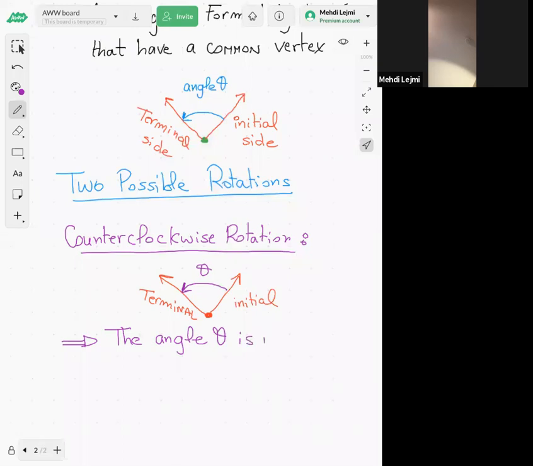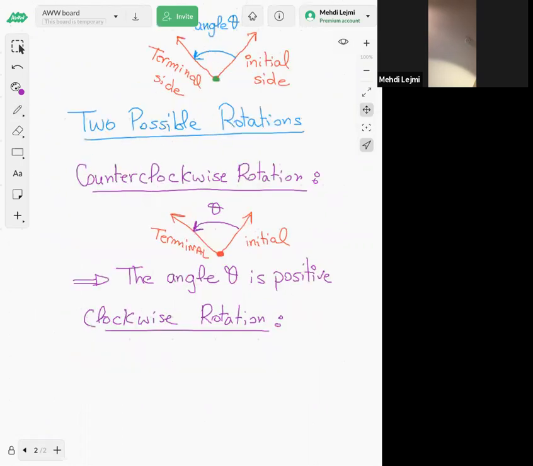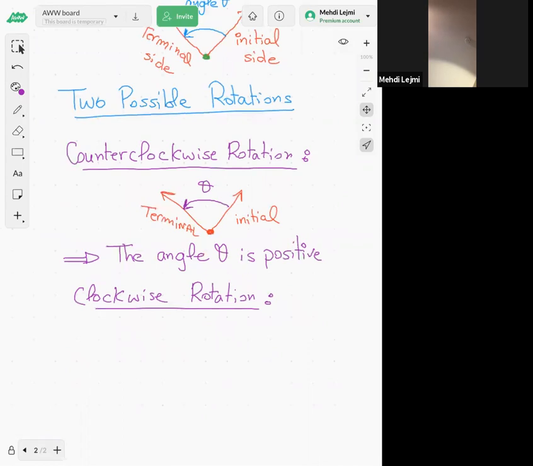And if you have a clockwise rotation, then your angle theta is going to be negative. You have to keep in mind, guys, this is very important, an angle could be positive or negative. It depends on how you rotate.